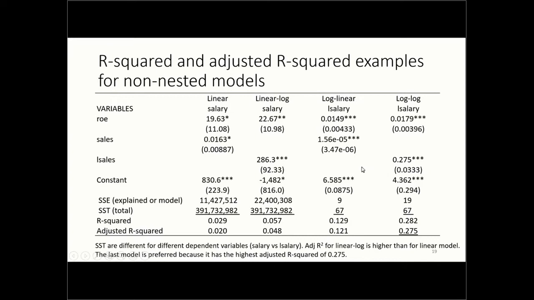So what happens now with the r squared and adjusted r squared? Notice that the SST is the same for the models that have the dependent variable as salary. This is the same because the total variation in the dependent variable is the same across both models. But how much does this model explain? This is the variation that is here, and how much this model explains, that's the variation.